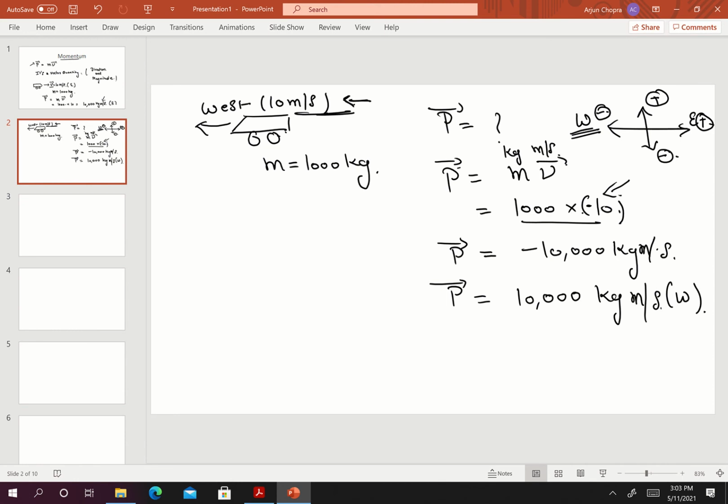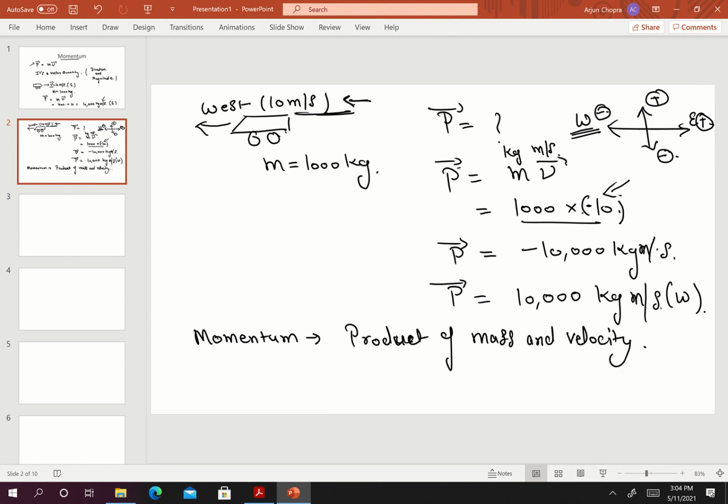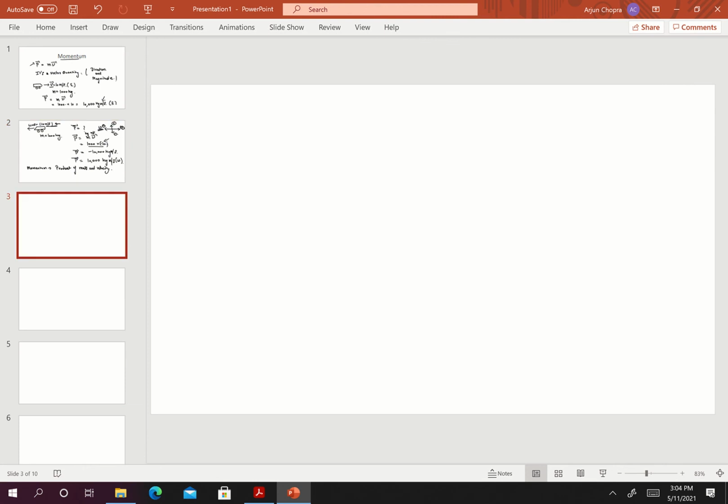It is equal to the product of mass and velocity. The definition of momentum is the product of mass and velocity. That's what momentum means. Now this was pretty straightforward.